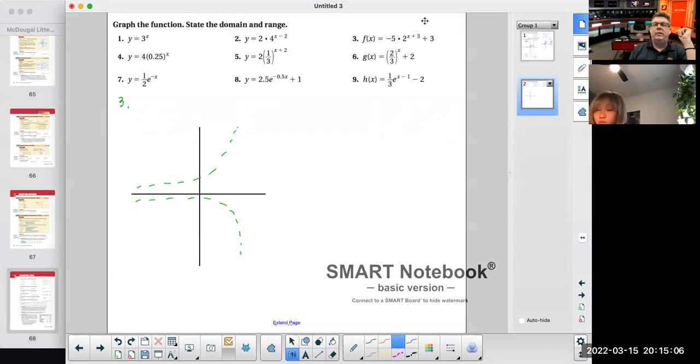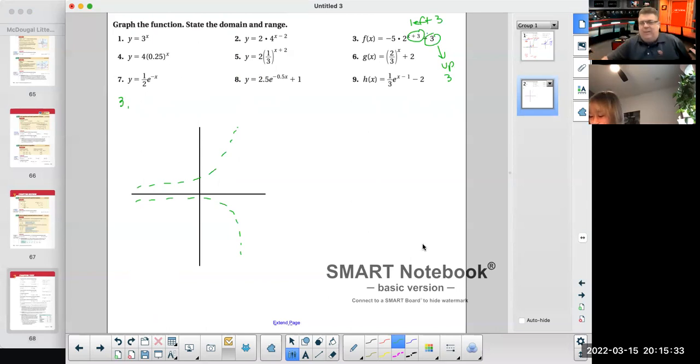And then because of the +3, that means it's going to move left 3, right? The opposite sign. And when it's outside, this +3 means it's going to move up 3. And then the -5 is going to like kapow. It's gonna wreak havoc on it. Okay. And so that gives you a general idea.